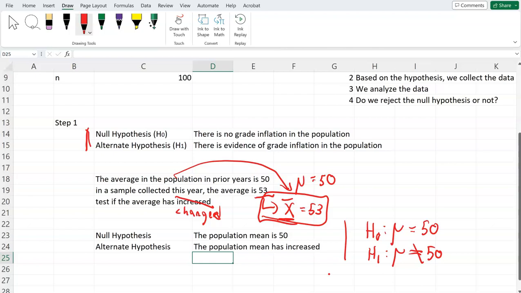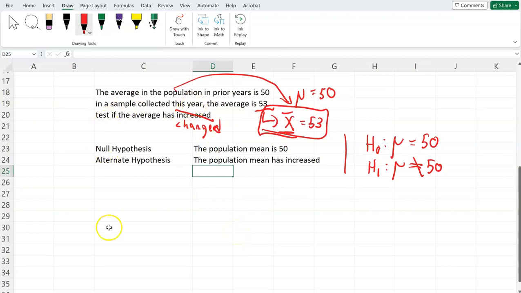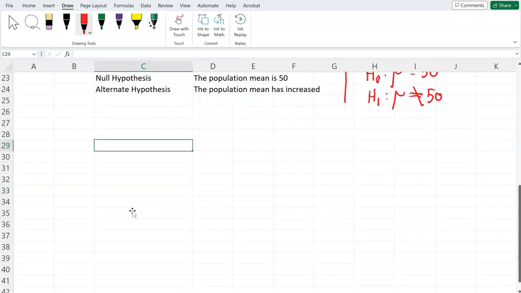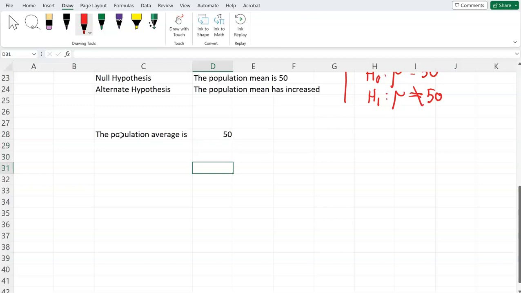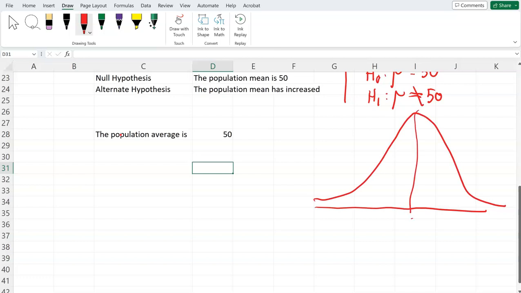Now, even after that, supposing there are cases where the population average is 50, and it has actually remained 50. If you remember, we talked about how, when we have a distribution like this, maybe this is my mean.